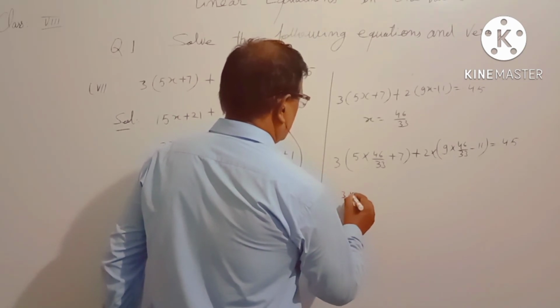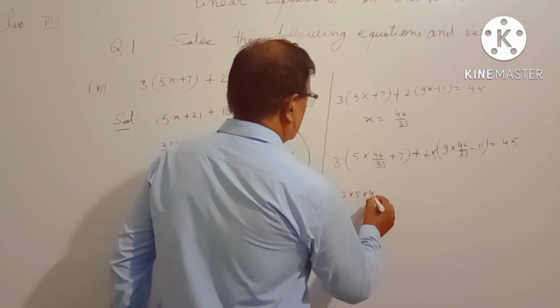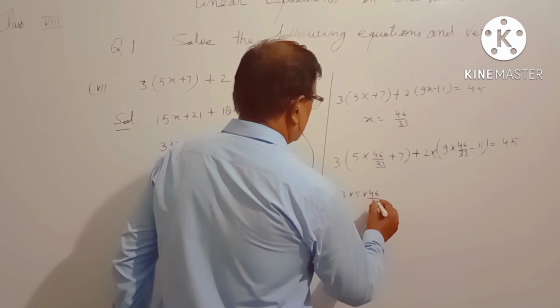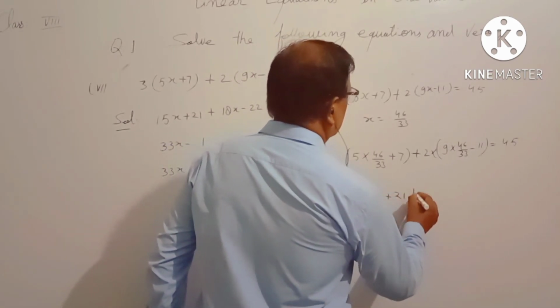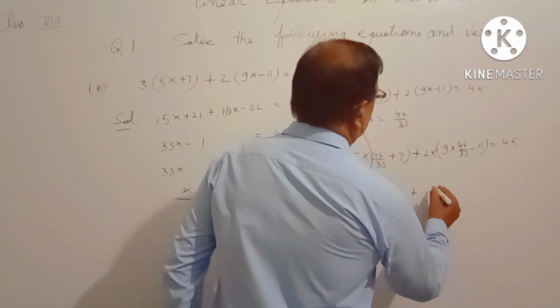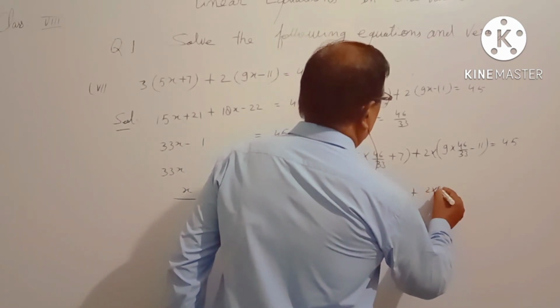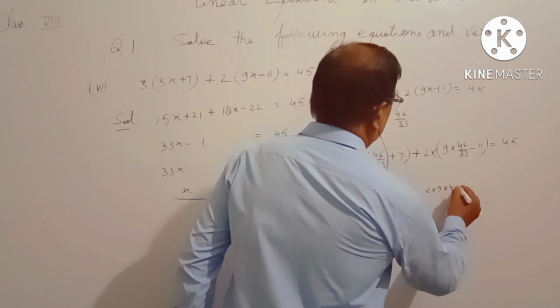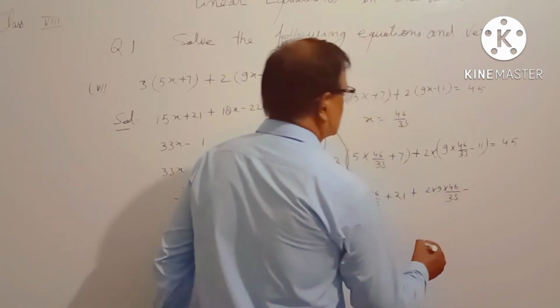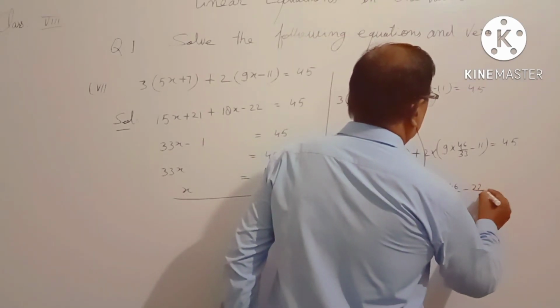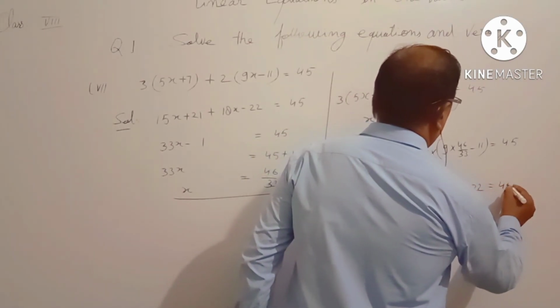Now 3 into 5 into 46 by 33 plus 3 7 ja 21 plus 2 into 9 into 46 by 33 minus 11 to the 22 equal to 45.